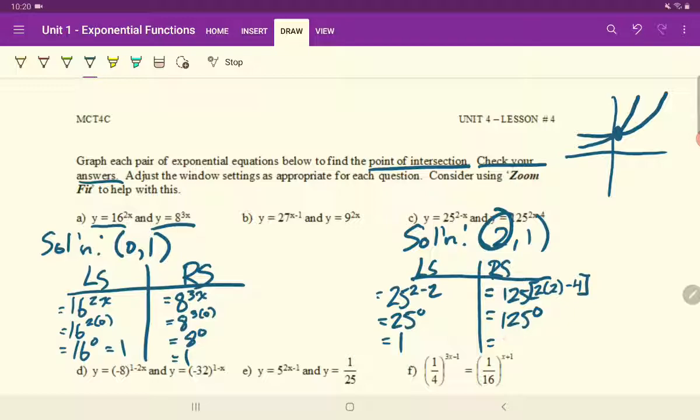Once again, anything to the power of 0 is 1. So this checks out. When I put an input of 2 for x, I get an output of 1 for y, which means I have the proper solution here. They're equal, and notice that the solution exists for both curves.